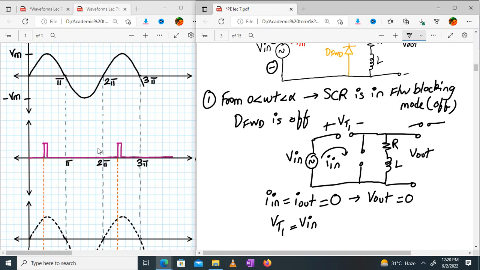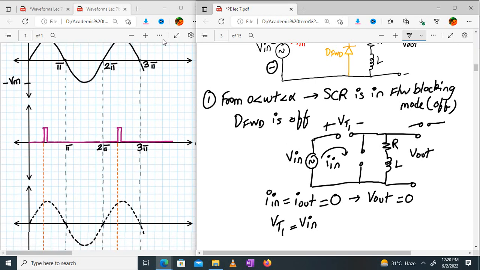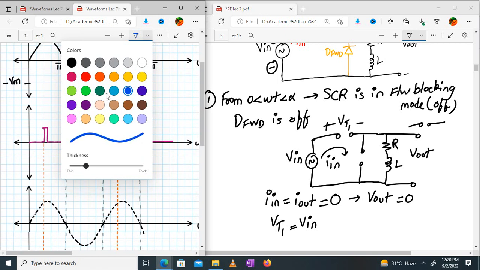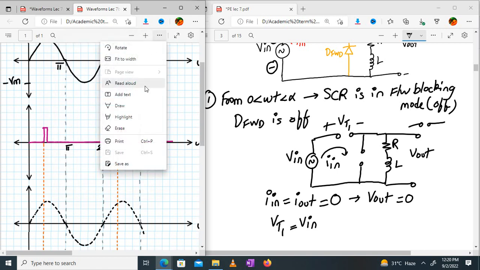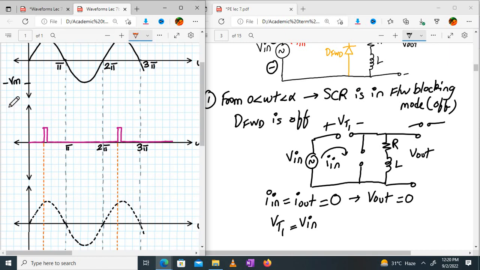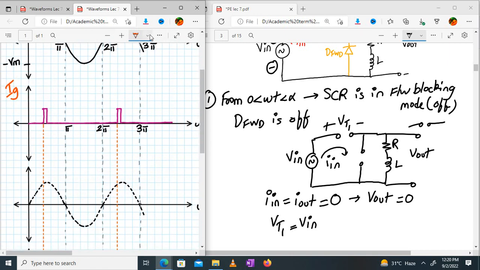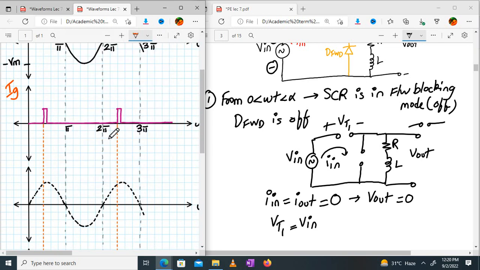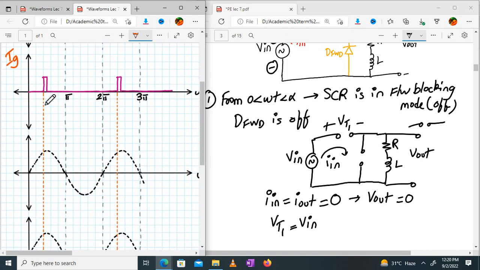Yes. So from 0 to alpha, all these things happen. Right? So let us do that over here. Please draw the waveforms along. Don't wait for me to complete and then draw. So here we have applied Ig. Before alpha, this is alpha, right? So before alpha, what is my output voltage? 0, right?